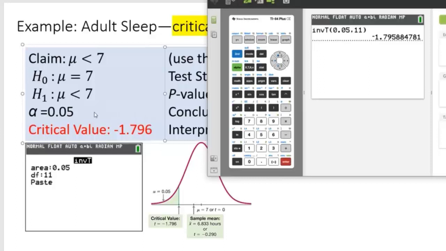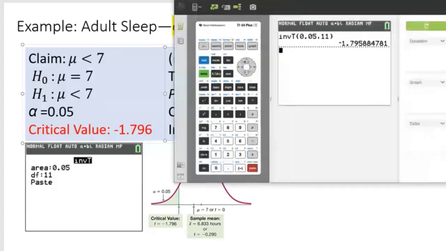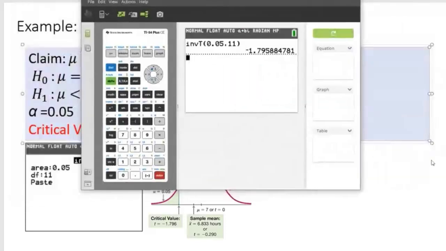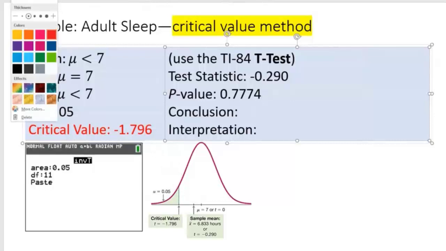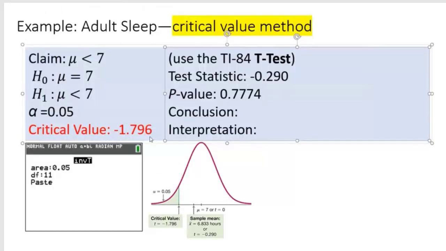You can't use the critical value method unless you also find the critical value from an inverse, and a critical value always comes from an inverse. The critical value, negative 1.796, is where we have the cutoff line. Then you look at your test statistic and find out whether it's in this critical region.